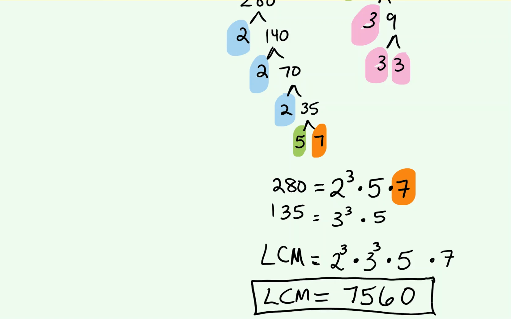And what that means is 7,560 is the smallest number that is both divisible by 280 and 135. Because, for instance, 270 is divisible by 135. It divides perfectly twice, but 270 is definitely not divisible by 280. So that's the idea of the least common multiple.